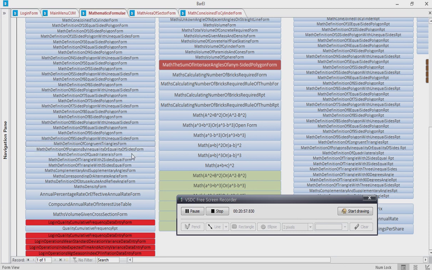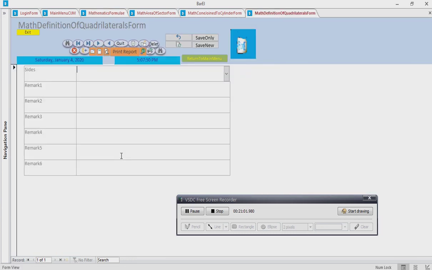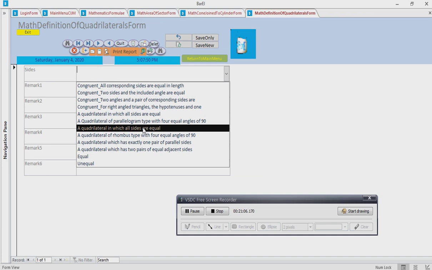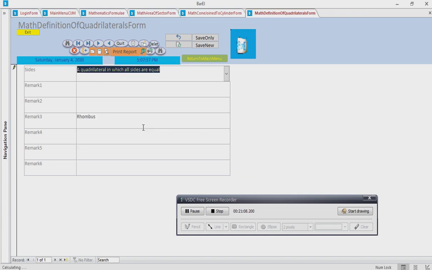Definition of quadrilateral forms. A quadrilateral in which all sides are equal is a rhombus.